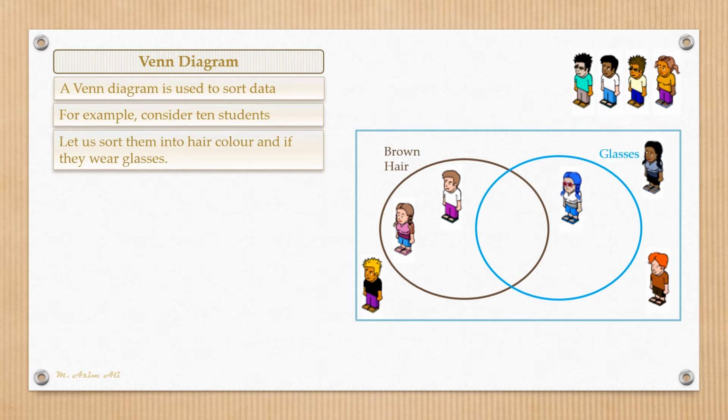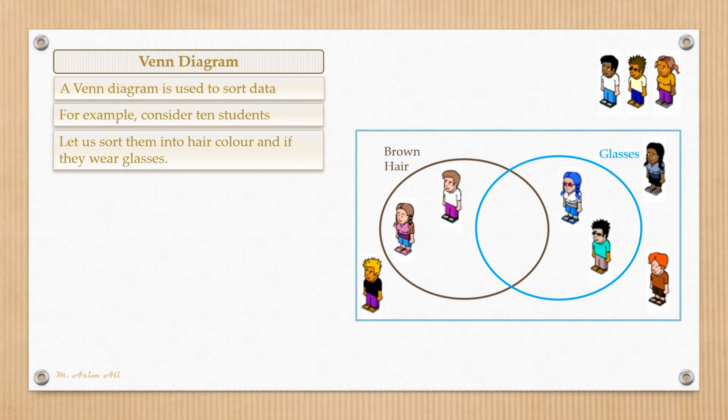She will stay outside. Next is a student who is wearing glasses, but he does not have brown hair. He has black hair, so he will not come in the set of brown hair, but he can come in the set labeled glasses. So we will make him stand on the right side of the glasses set, not in the middle.